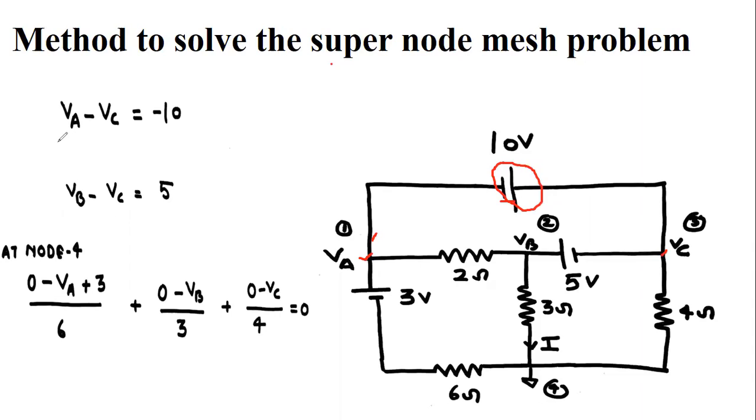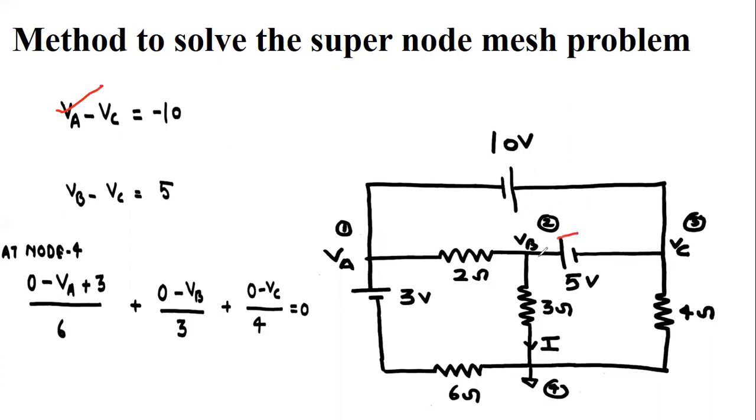So VA minus VC is now equal to minus 10, because here we are getting the negative sign. If the positive comes first, then the negative, then VA minus VC equals 10. Okay, so the first equation we have got is VA minus VC equal to minus 10.